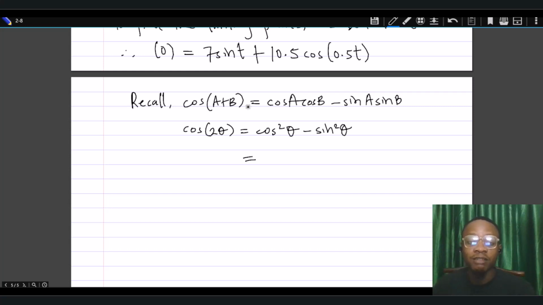So it is better to have it in terms of cos, and the reason for that is that looking at the quadrant of angles, I want you to understand something.